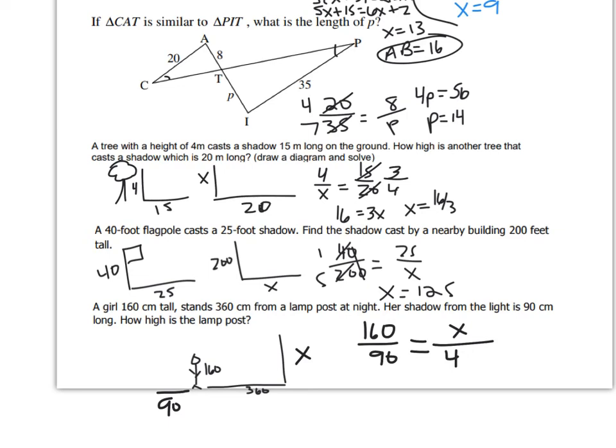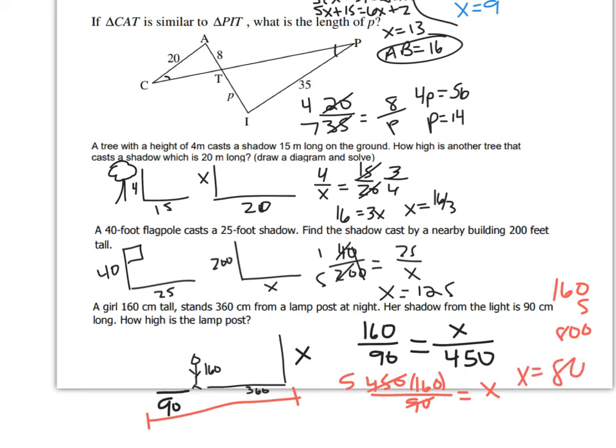So 450. That whole part right here. All right. I'm doing all this by hand, but you guys have a calculator, so this is less of a big deal for you. 90 goes into 450 5 times. So x equals 800.